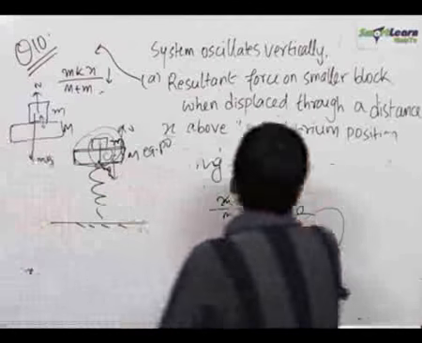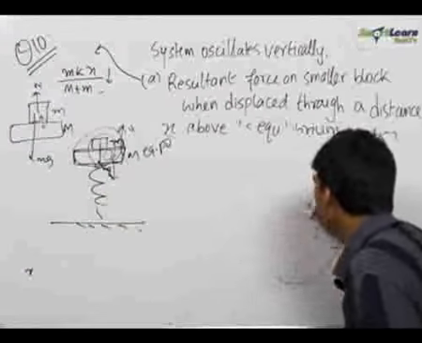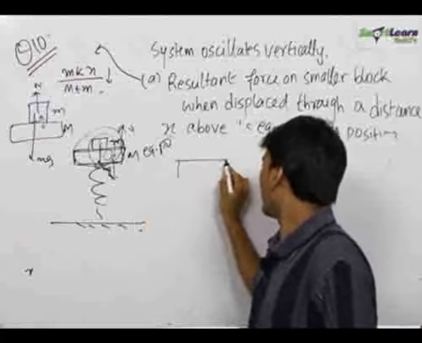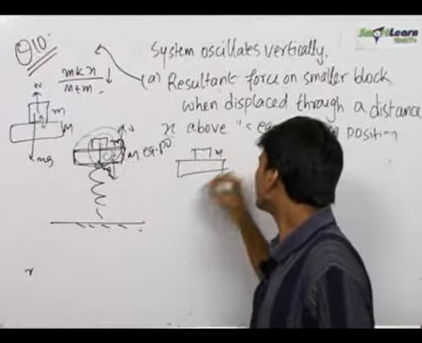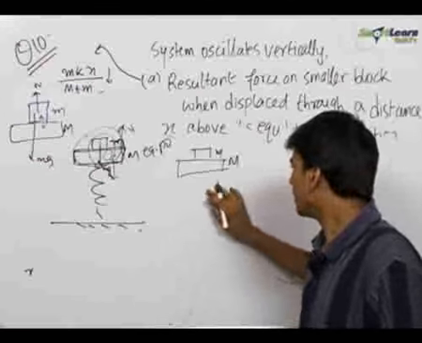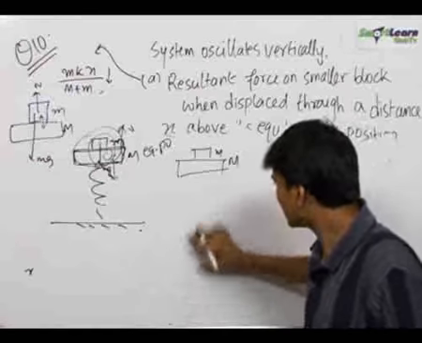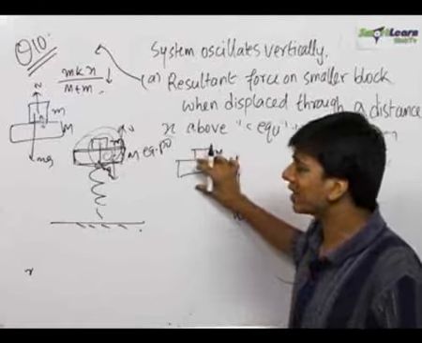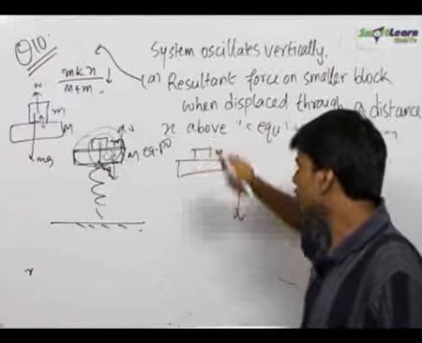So, the limiting case we can also apply is that the maximum possible acceleration at any point should be less than or equal to g in the vertical direction. The maximum acceleration in the vertically downward direction comes when it is at the topmost extreme position.